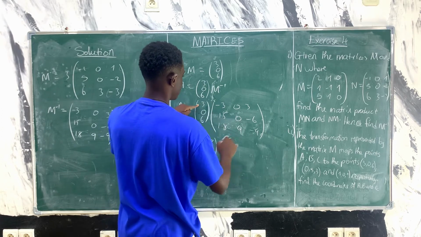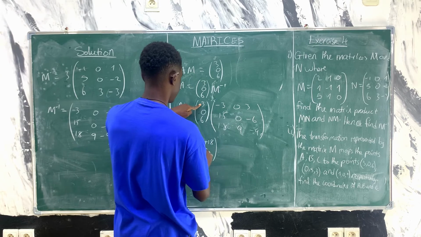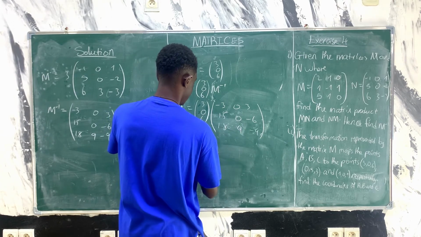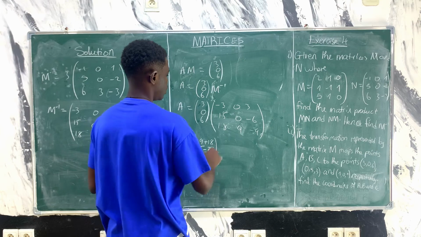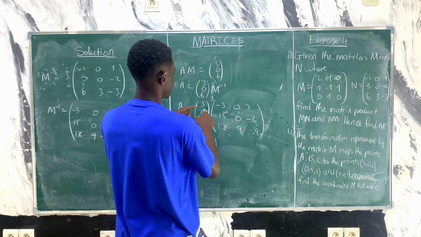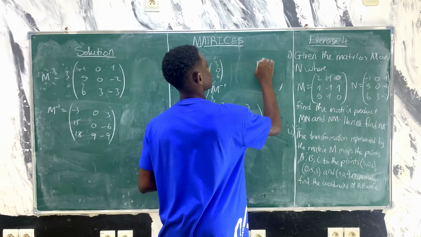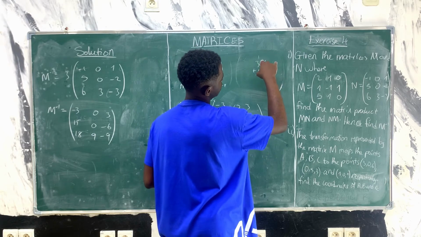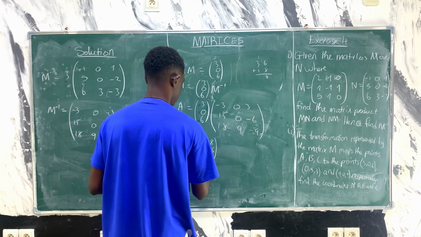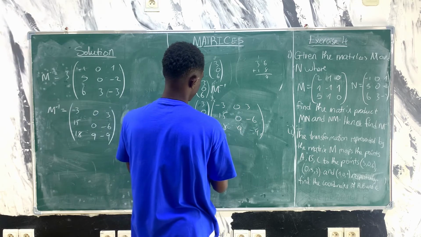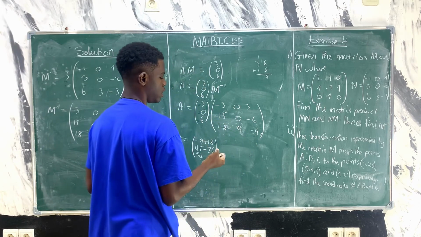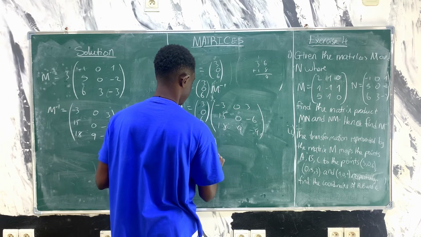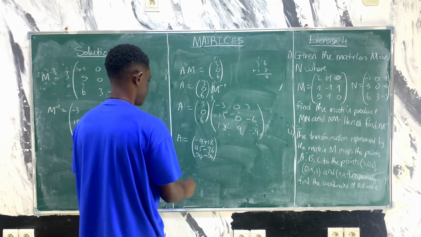Then I multiply this column by the second one: 3 times 15, 45, this times this 0, 6 times minus 6 is minus 36. Then 3 times 18 is 54, 0, and 6 times minus 9 is minus 54.